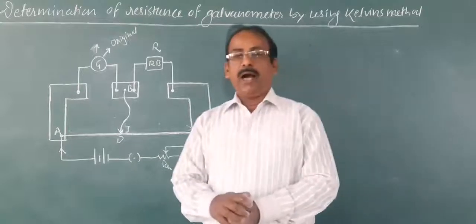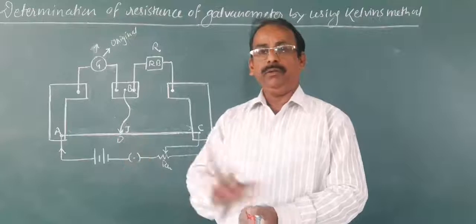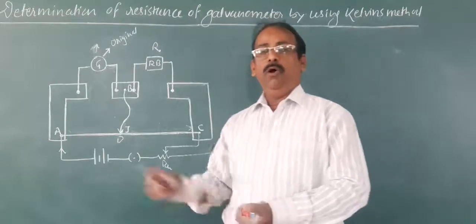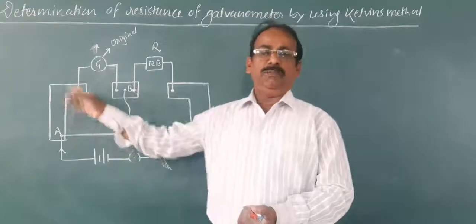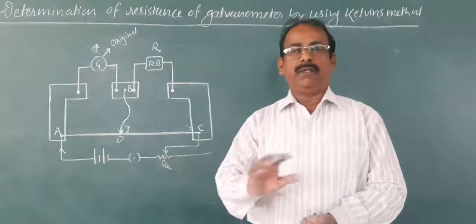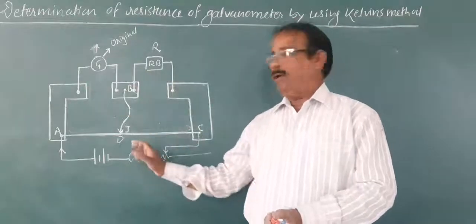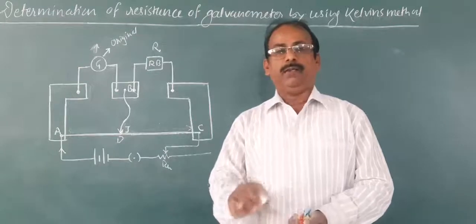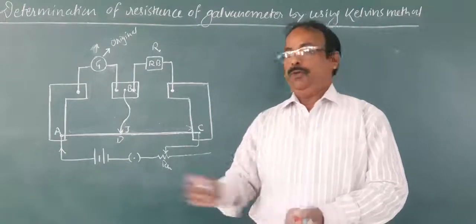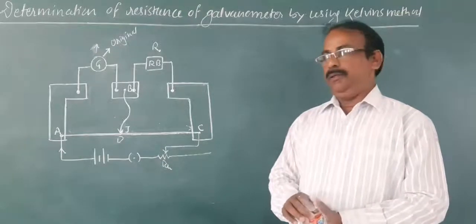The meaning is that no current is passing through this branch BD. No current is passing through this branch BD means this meter bridge is balanced now. And this point D is the balancing point or null point.